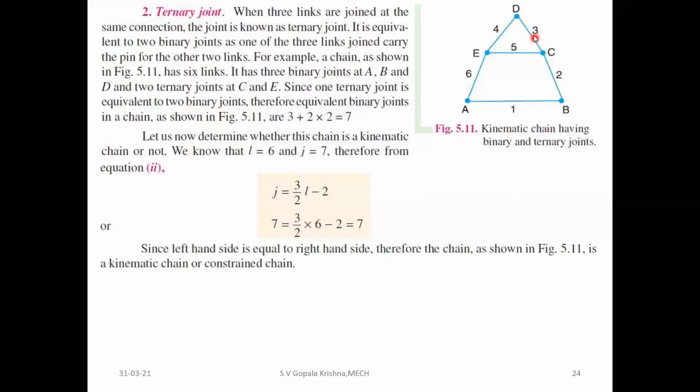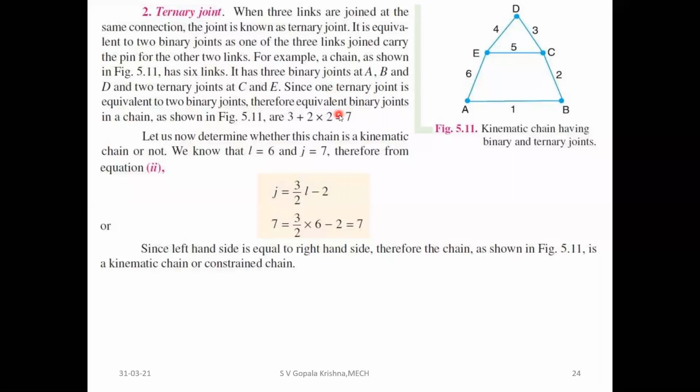A, B, and D. Isn't it? Yes, sir. So 3 binary joints are there. Okay, good. And next, ternary? E and C, sir. So 2 ternary joints are there.